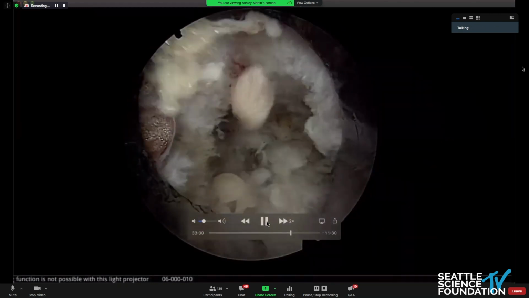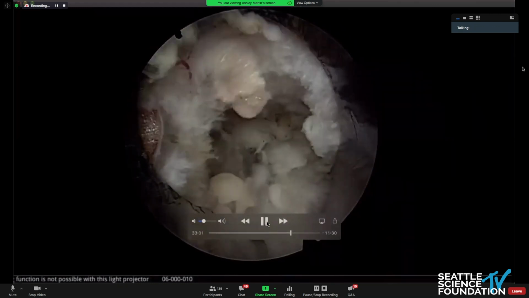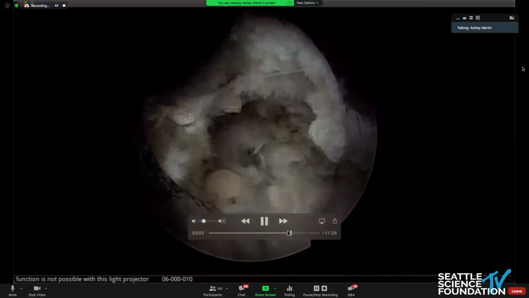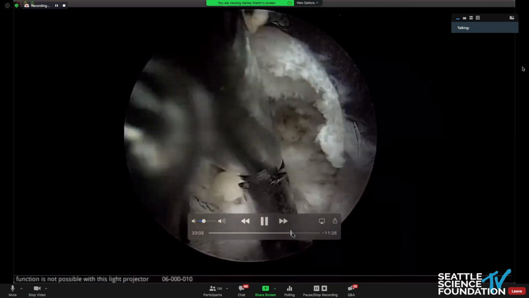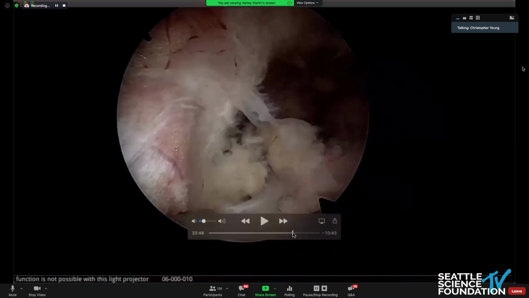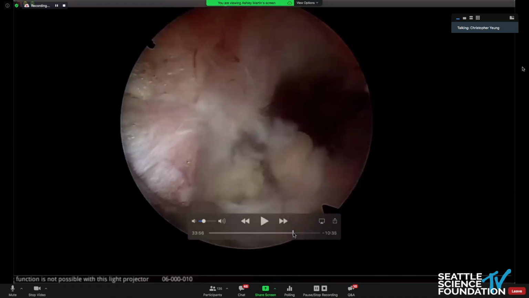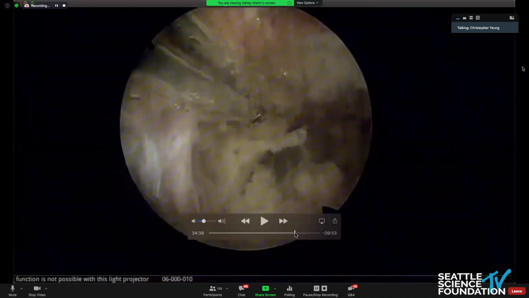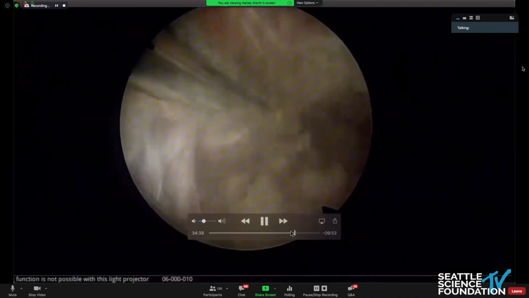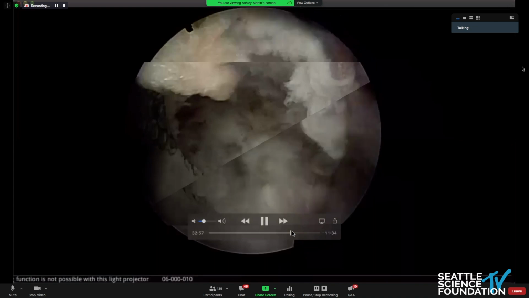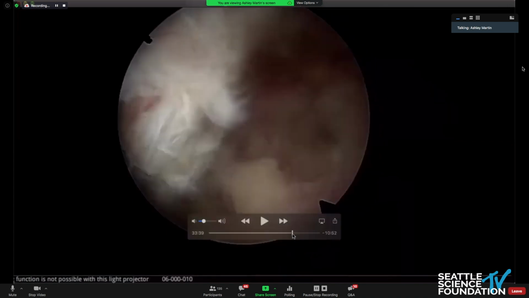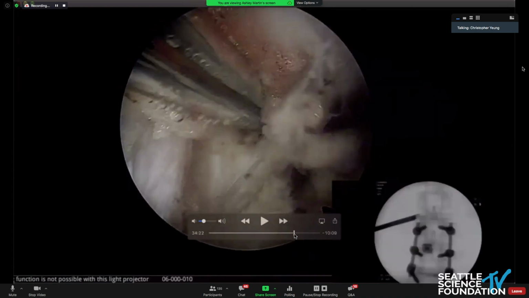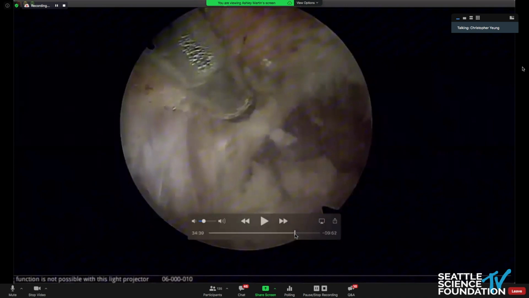There's more disc tissue. I'm just grabbing more disc tissue. There's the fat around the exiting nerve root. As for paraforaminal stenosis, see anything? Okay, I know my time is up or getting to be up.